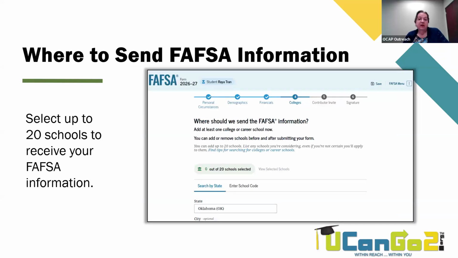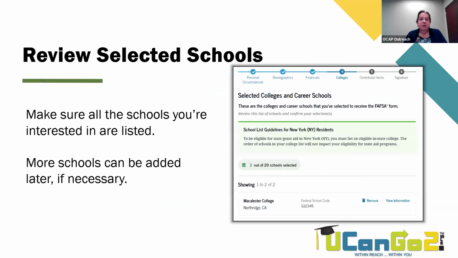They can use up to 20 codes, and there's a little green box that you see there that will help them keep track of how many different schools they can put on that FAFSA. They look it up by city and state, and when they see the list of schools, they pick the one they want and tell the FAFSA to add it.